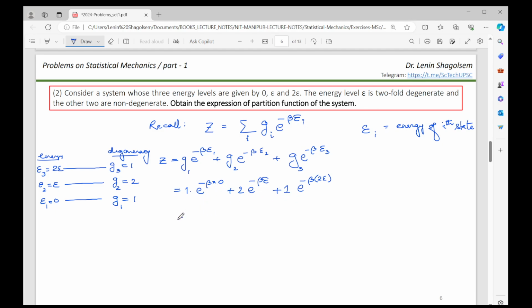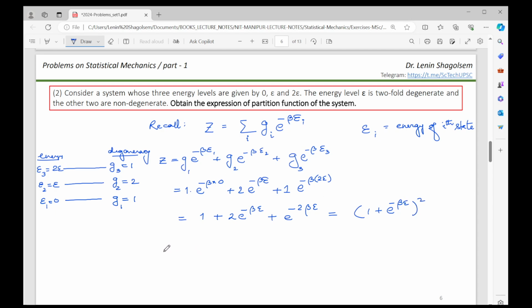Now just simplify, and what we have is 1 plus 2 e to the minus beta epsilon plus e to the minus 2 beta epsilon. So this is like a plus b whole squared. So 1 plus e to the minus beta epsilon whole squared.